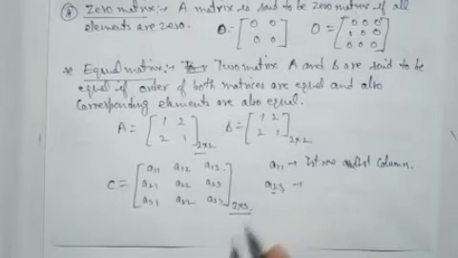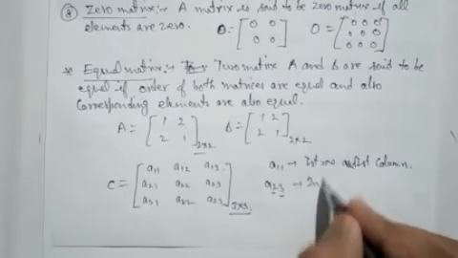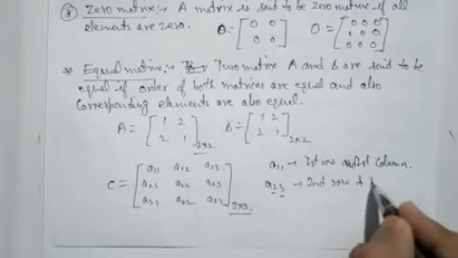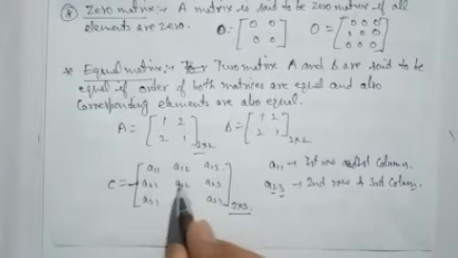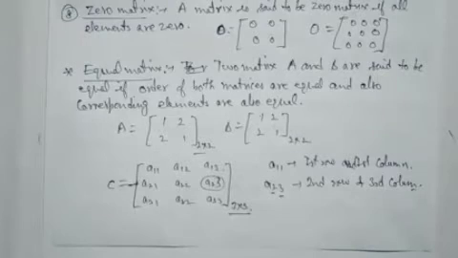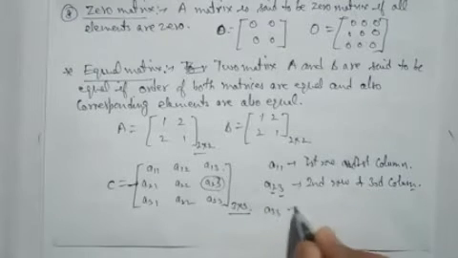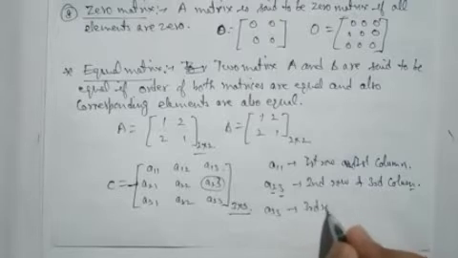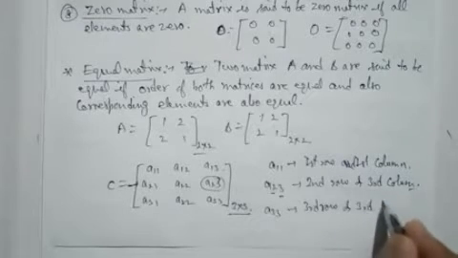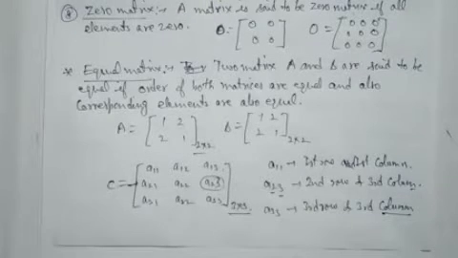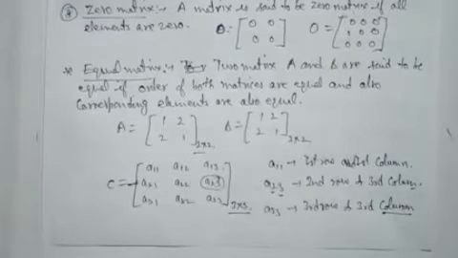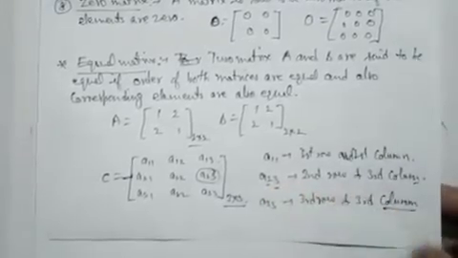A23 means first represents row and second represents column, so second row and third column. Similarly, A33 stands for third row and third column. In Aij, i represents the row number, from 1 to number of rows, and j represents the column number. Clear?